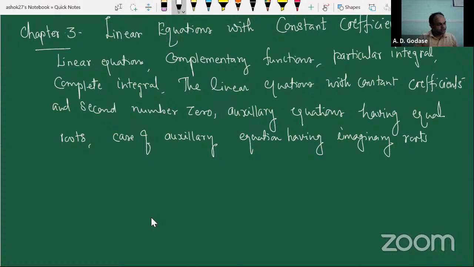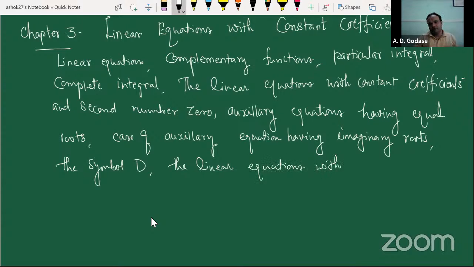Then you'll see the symbol D. What is the meaning of the symbol D? Then linear equations with constant coefficients.